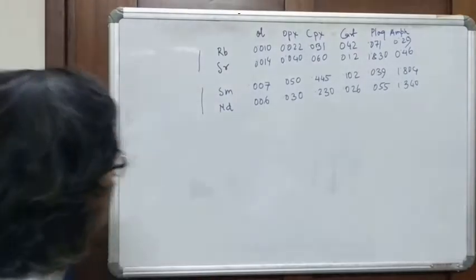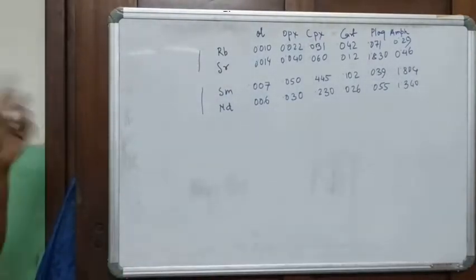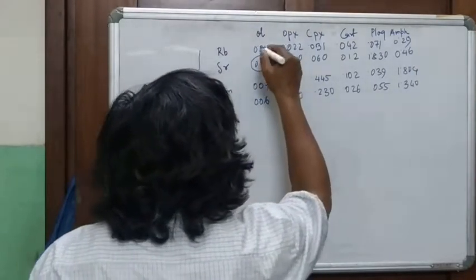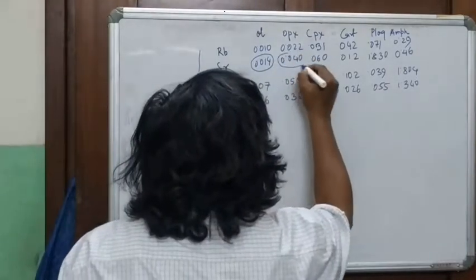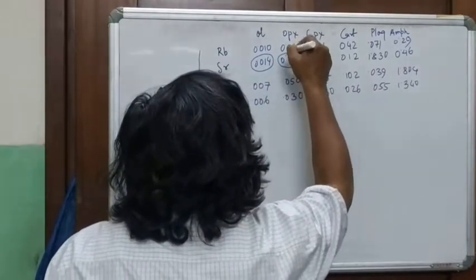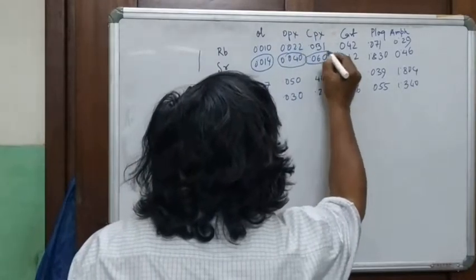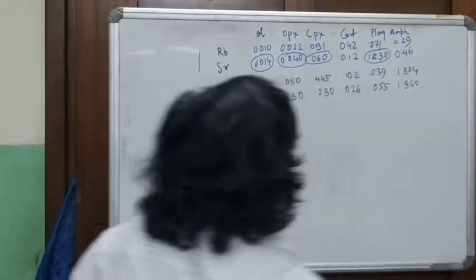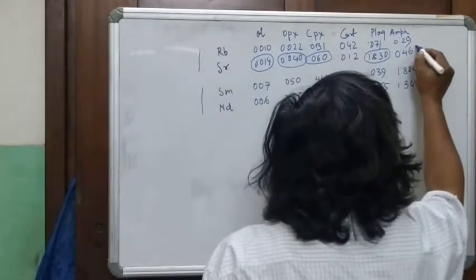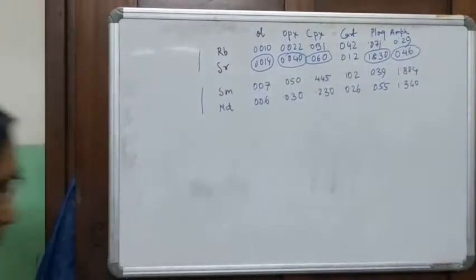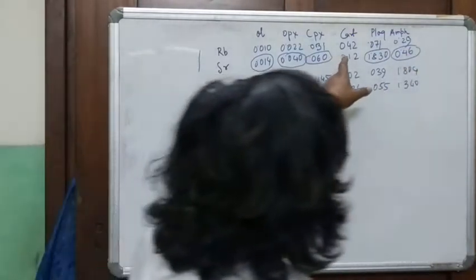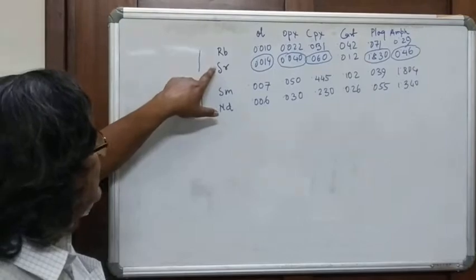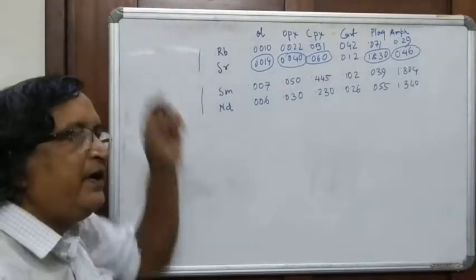But the important point here is that this value is higher for strontium than for rubidium in orthopyroxene, in clinopyroxene, in plagioclase, and in amphibole. So, except for garnet, strontium has a higher value than rubidium.